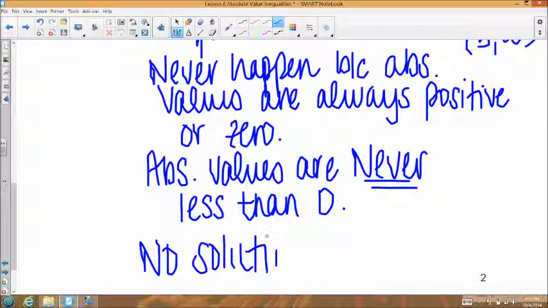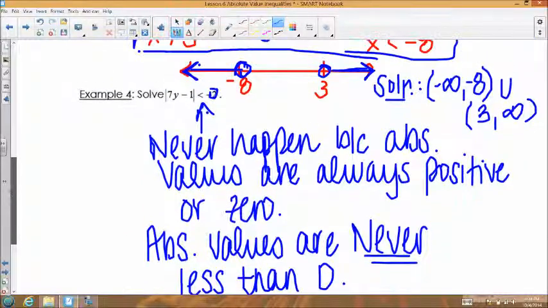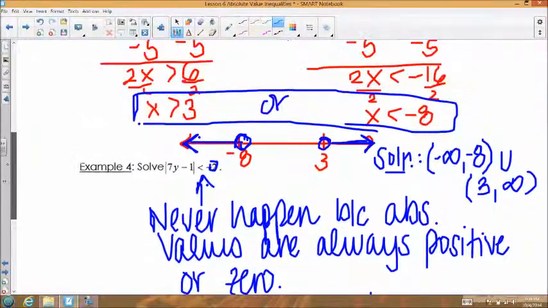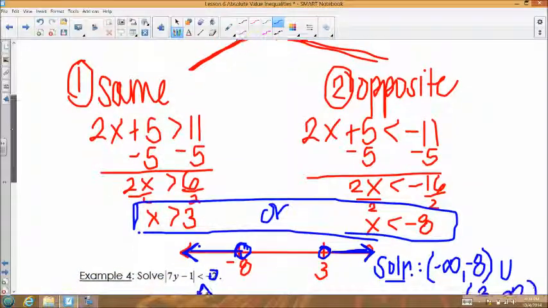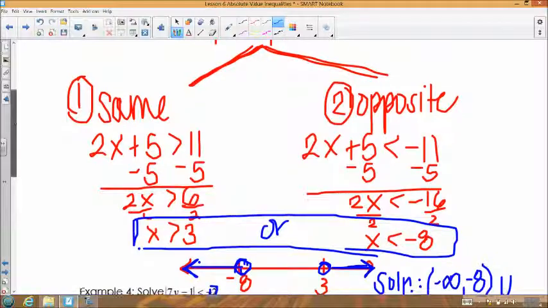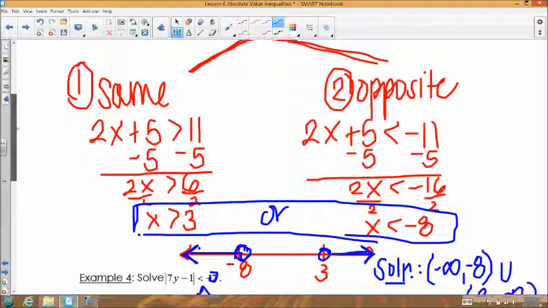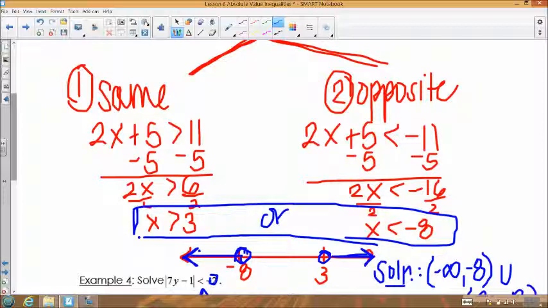But what if you didn't notice that and you actually went through and did all the work? Well, this is where you would want to check your answers. Meaning all of these previous examples, you should really be checking your answers. You should be plugging those numbers in and seeing if it actually works. So going back to the previous example, x is greater than 3, I'm saying that that's a solution.